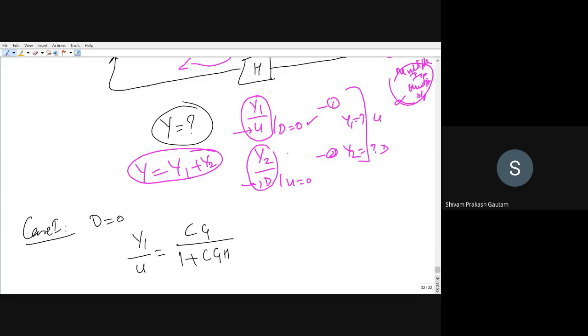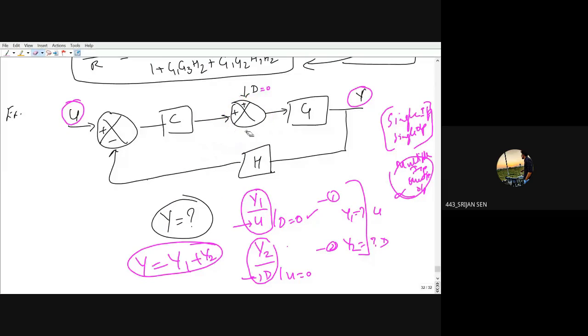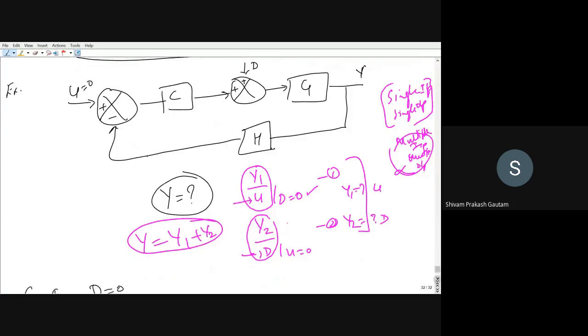Consider case 2. Now we will consider u equal to 0.